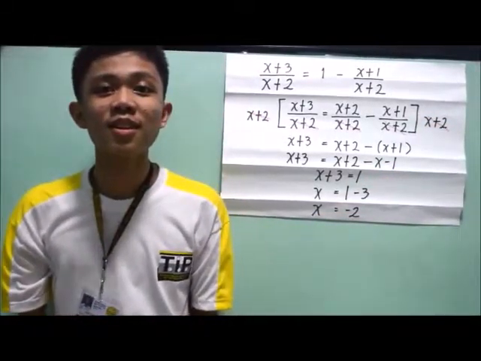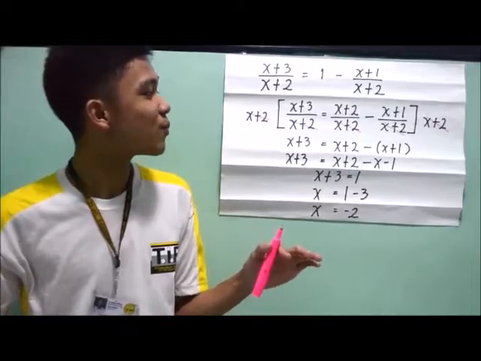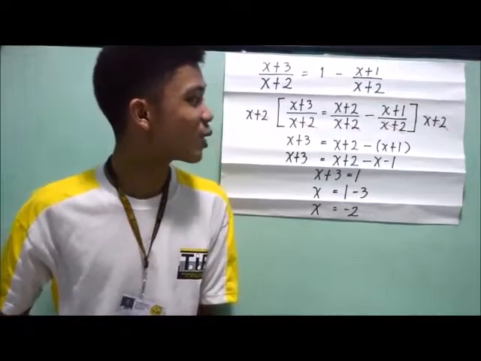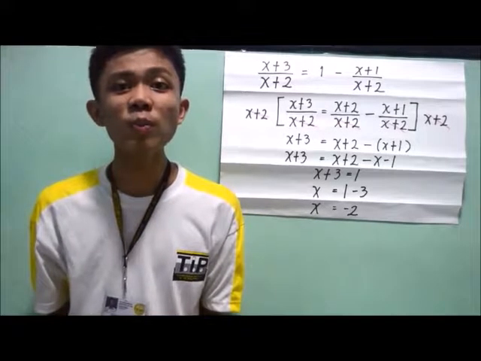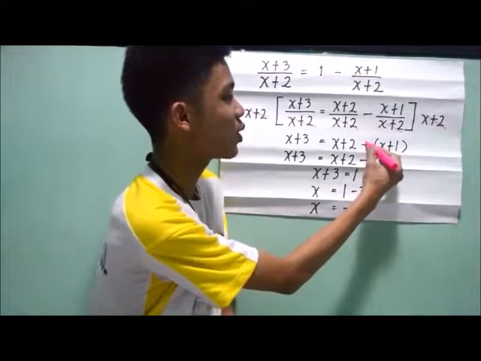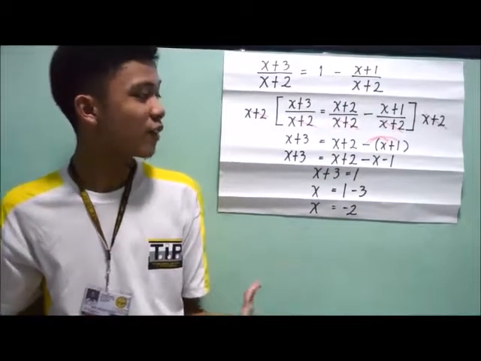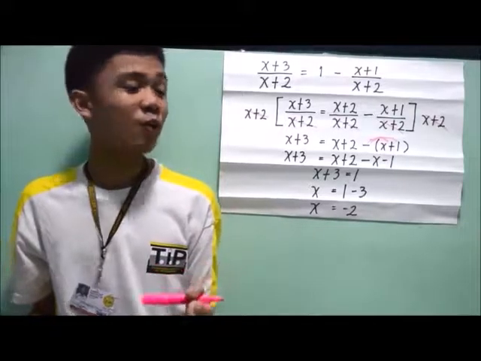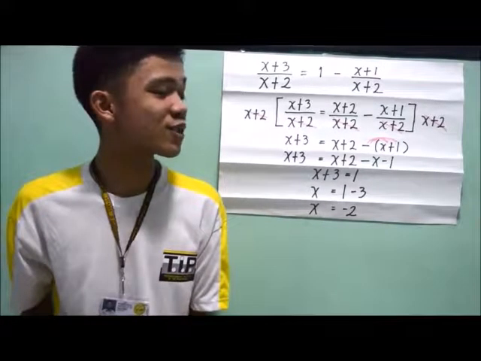So we only now have x plus 3 is equal to x plus 2 minus the quantity of x plus 1. Before we proceed, please take note that the negative sign here should be distributed into x plus 1. After that, you only have x plus 3 is equal to x plus 2 minus x minus 1.